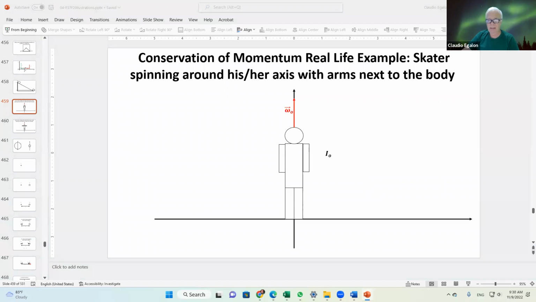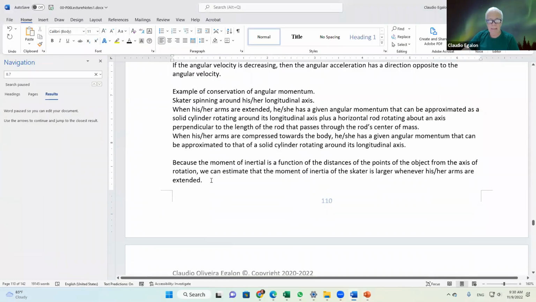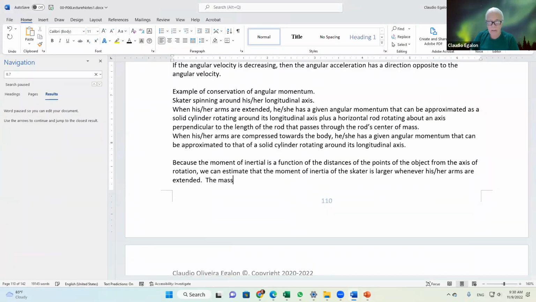The mass of the skater does not change, but her mass distribution does change.